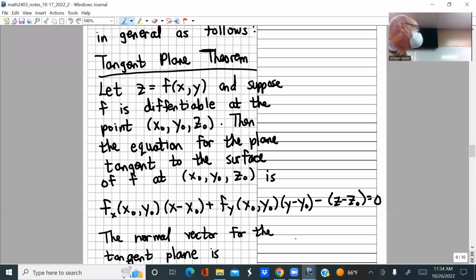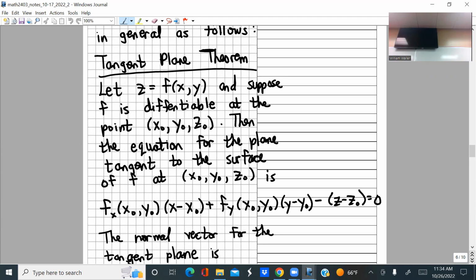This is where we were at last time, just introducing this theorem, which tells you the equation for a tangent plane at a particular point. And the point here is x0, y0, z0.